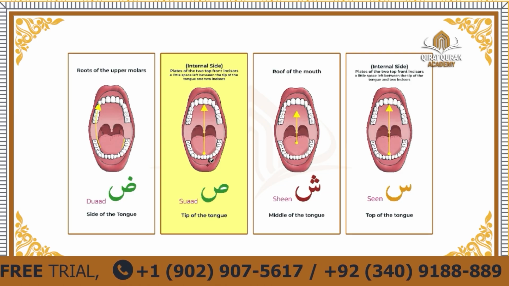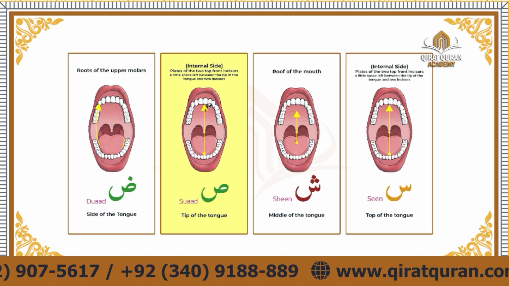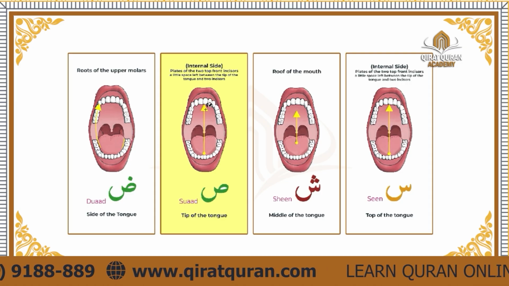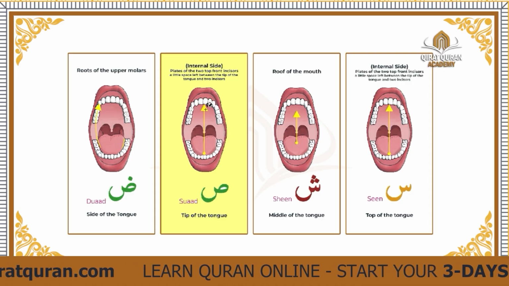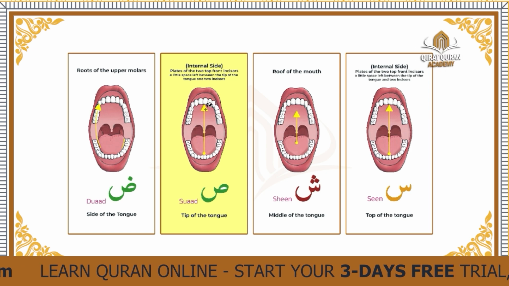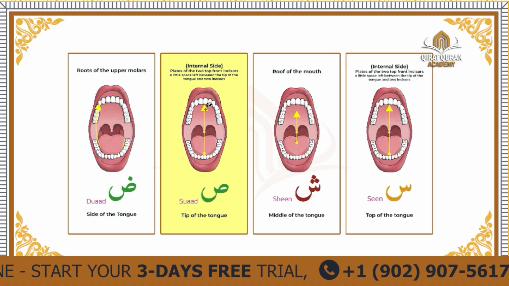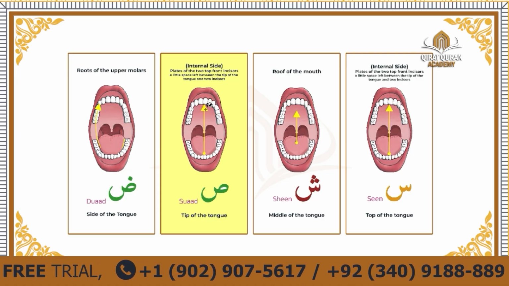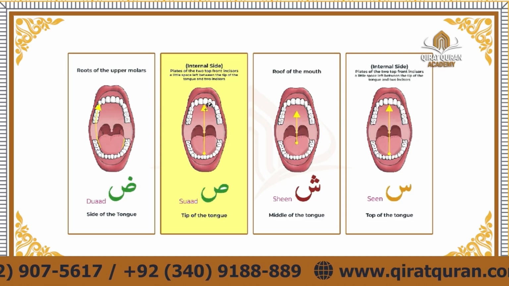And the tip of the tongue will go near the plates of the two top front incisors. It will not connect though, but it will go near them. So that's how you can pronounce swad. This is the place where you can pronounce swad.